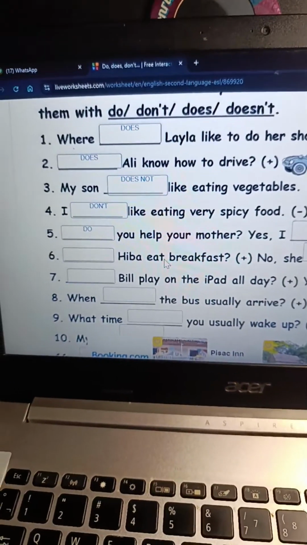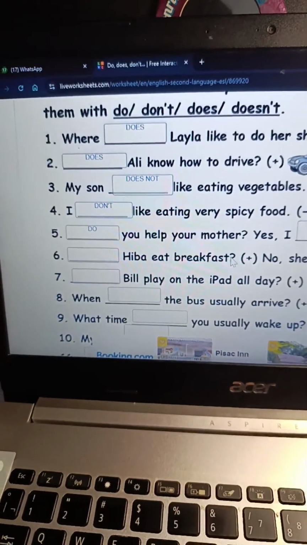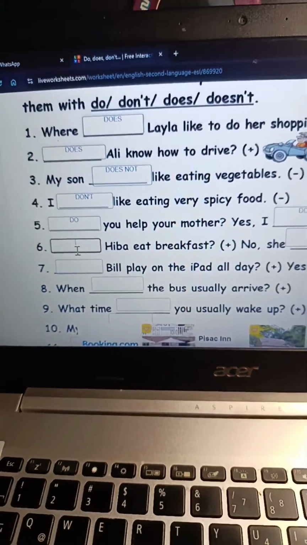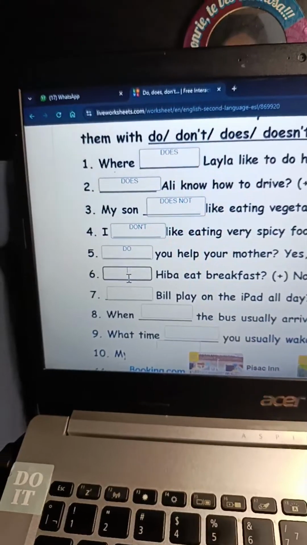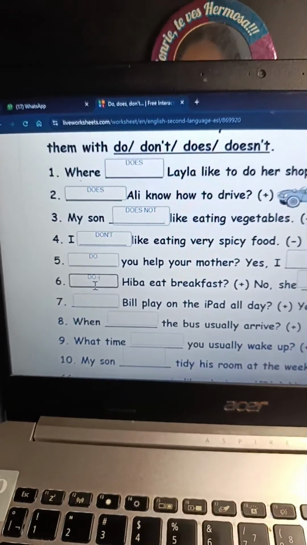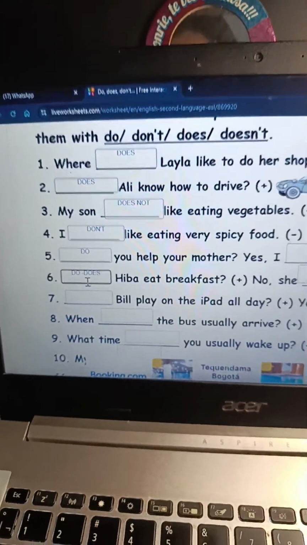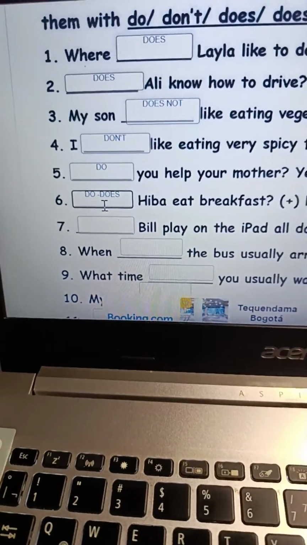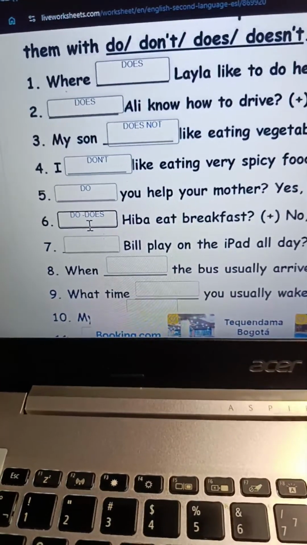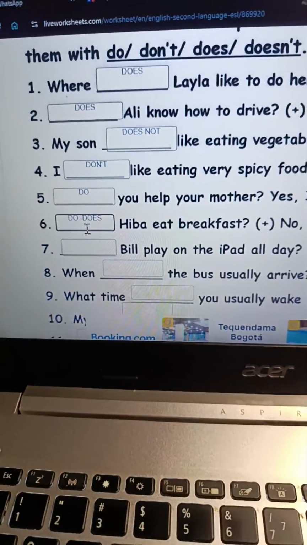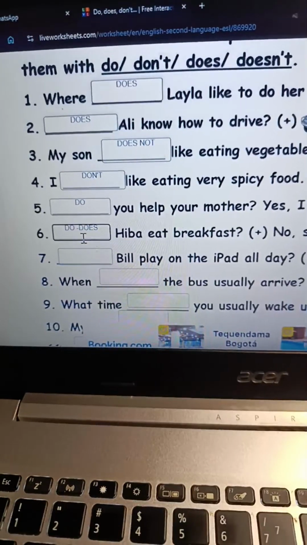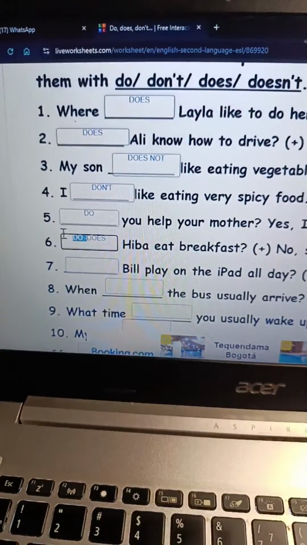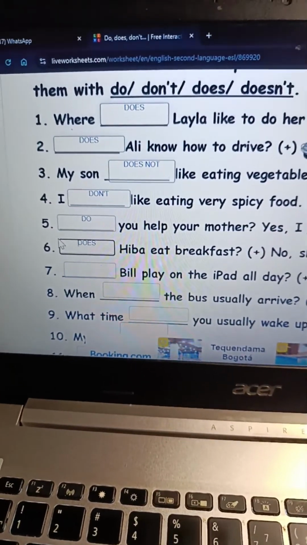She eat breakfast is a question. What is the correct option? Tell me which. Do or does? Analyze. Is it possible do she or does she? In this case, the correct option is does.